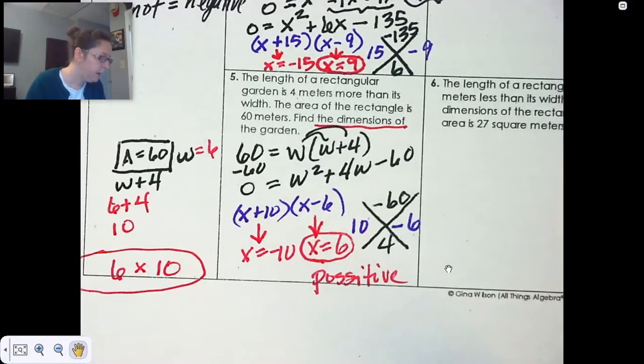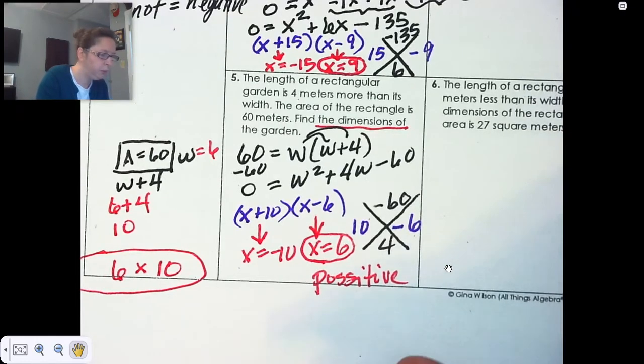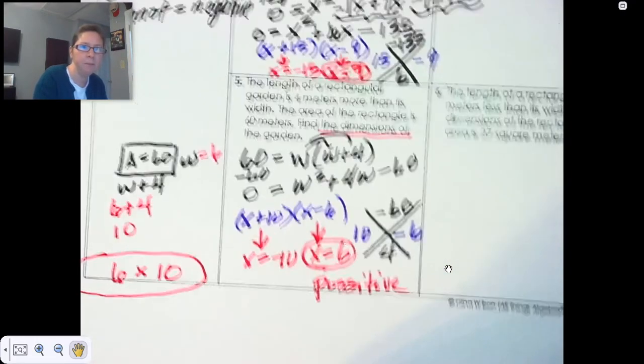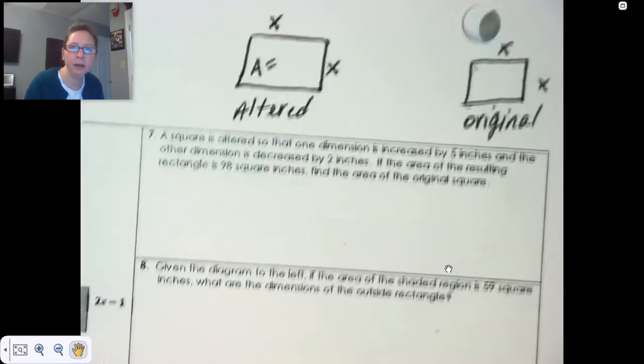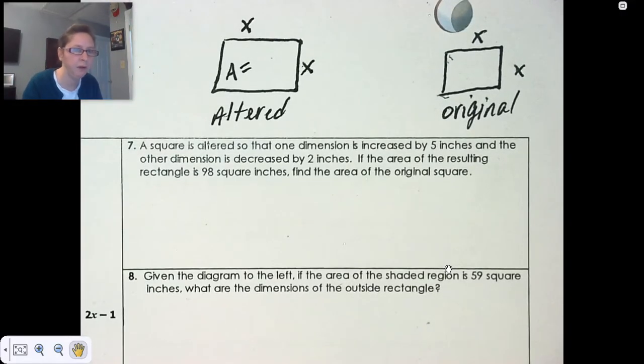Okay, now I'm going to move on over to example number 7, okay? I did already kind of in advance sketch a little picture for us here for number 7. Okay, it says a square is altered so that one dimension is increased by 5.